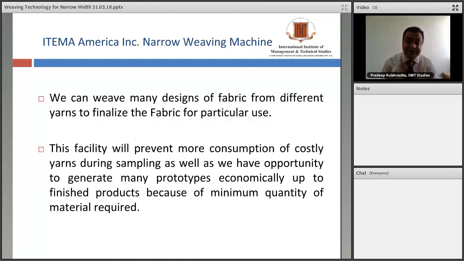This facility prevents consumption of costly yarn during the sampling, because if we make the broad fabric, yarn consumption will be more and cost will be affected. But if you make the prototype of the costly yarn in the small width, naturally cost of the material will be less.